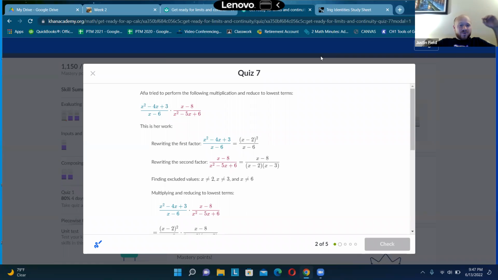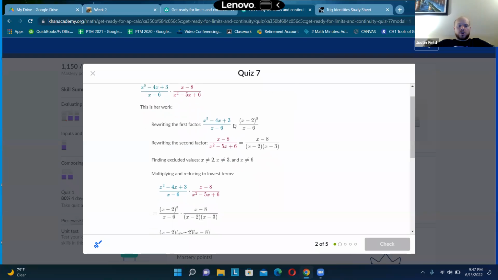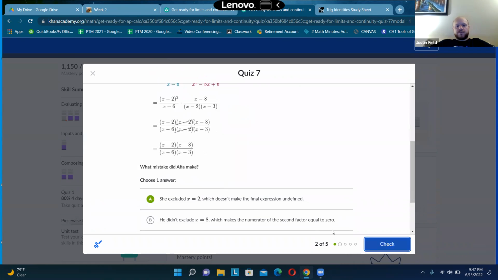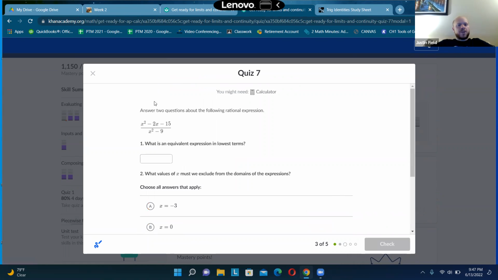All right. Afia tried to perform the following multiplication and reduce to the lowest terms. You figure that out. Okay. Answer 2 questions about the following rational. What is an equivalent expression in lowest terms?